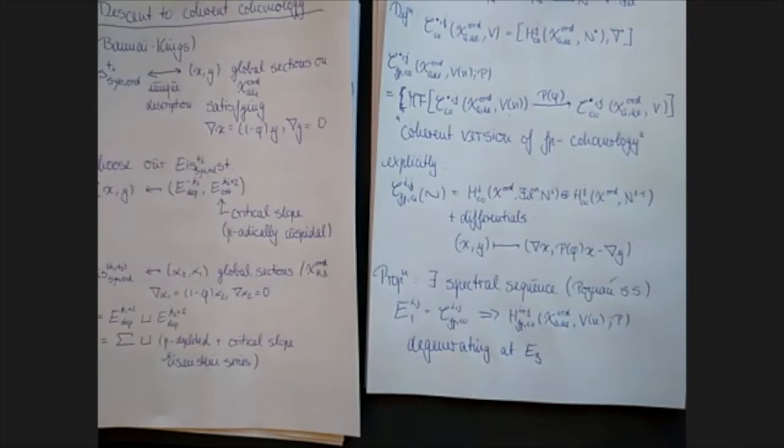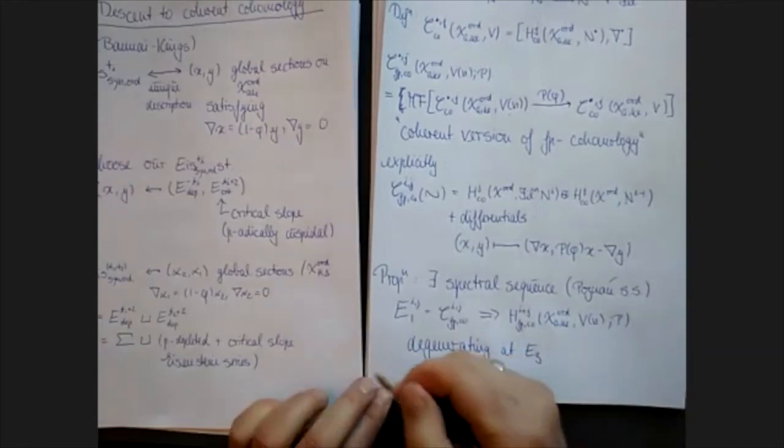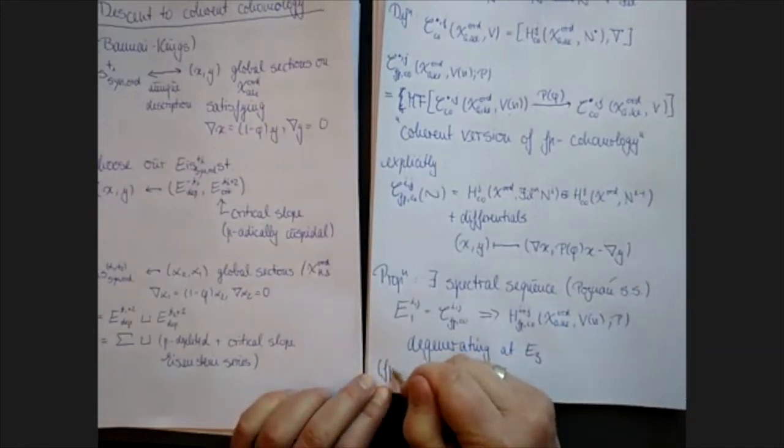So one should think of this spectral sequence as a finite polynomial analog of the Hodge to de Rham spectral sequence.